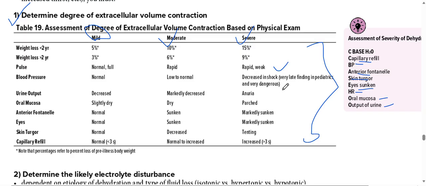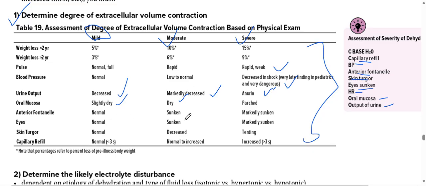The blood pressure is going to be decreased if the child is suffering from shock, which is very dangerous. Then the urine output is definitely decreased in mild, markedly decreased in moderate, and there is no passage of urine in severe. Oral mucosa is slightly dry in mild, dry in moderate, but in severe it is parched, extremely dry.